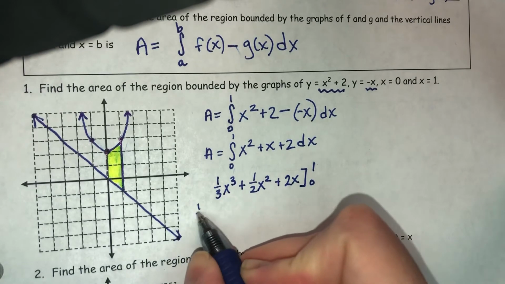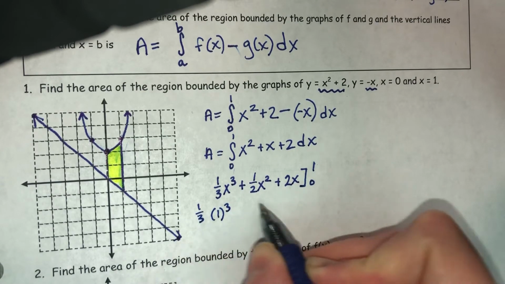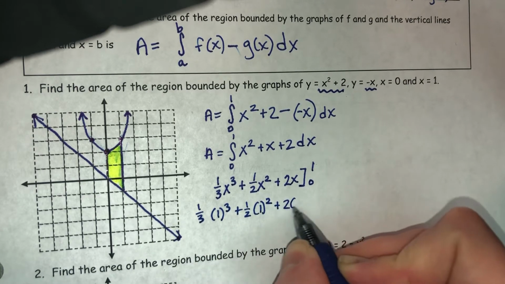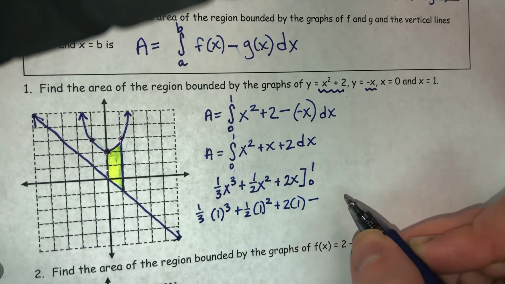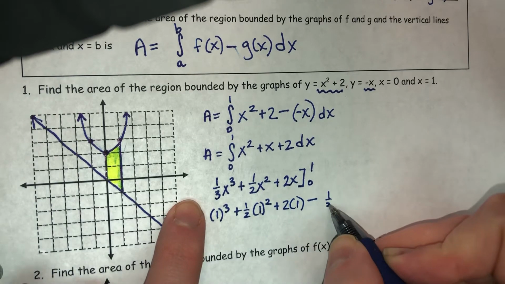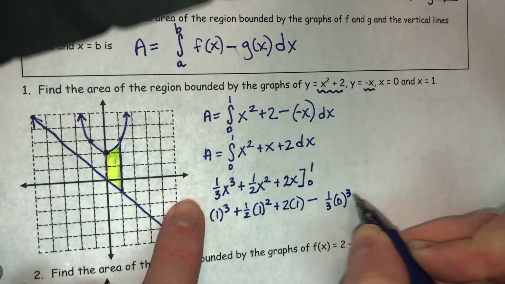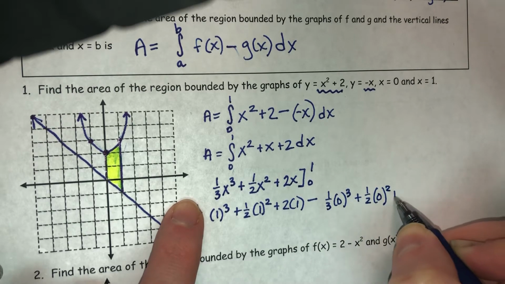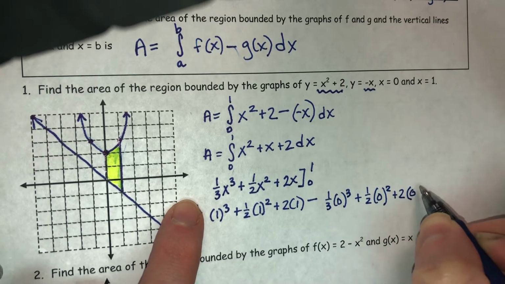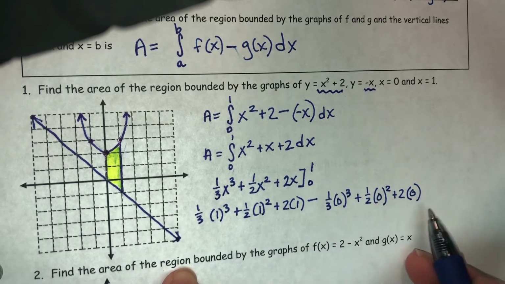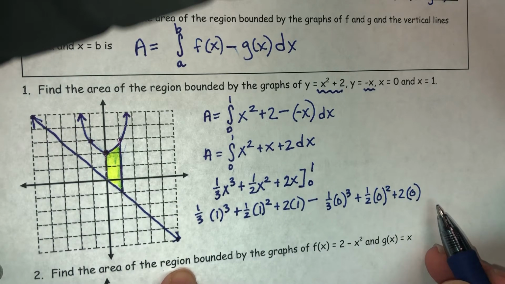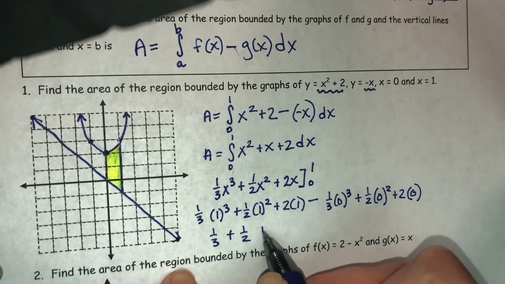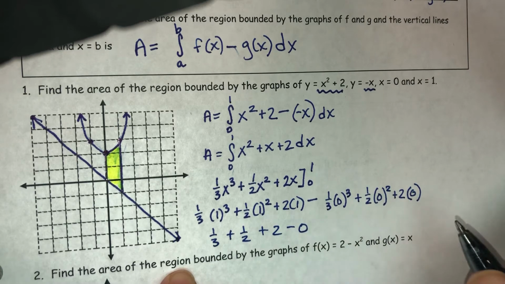So we'll go 1/3 of 1 cubed plus 1/2 of 1 squared plus 2 times 1 minus 1/3 of 0 cubed, plus 1/2 of 0 squared plus 2 times 0. So all these 0 things are going to multiply by 0 and go to 0. So we'll have 1/3 plus 1/2 plus 2 minus 0.